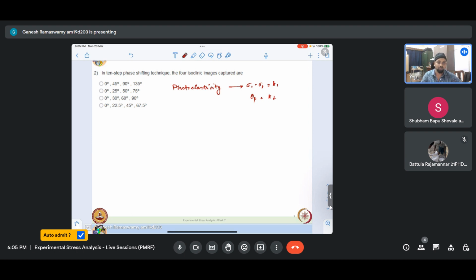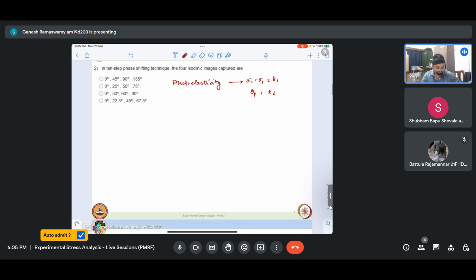So these two, isochromatics and isoclinic fringes, we get, which implies that at each and every point we can discern the principal stress difference and isoclinics, that is, the principal stress orientation. Now, from conventional photoelasticity, we know that at each and every point, we can see by doing Tardy's method of compensation what the fringe order is at that point.